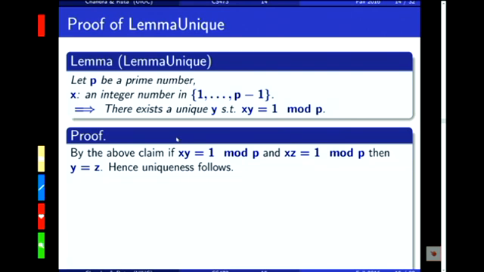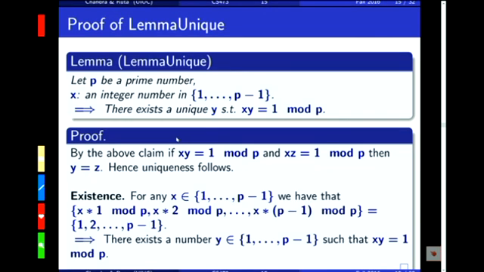So there has to be some y for which xy equals 1 mod p. Again by pigeonhole: there are p minus 1 possible numbers, and you are generating all of them, because you generate exactly p minus 1 distinct numbers.